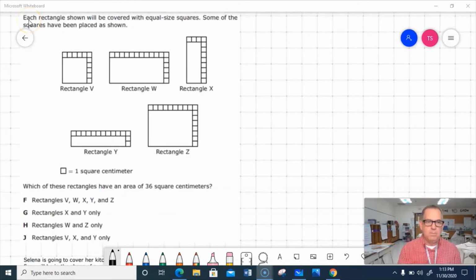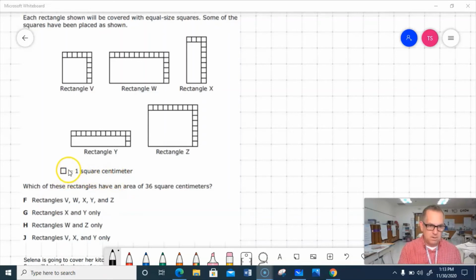Okay, got a guided practice problem we're going to work on here. So go ahead and follow along as I read. It says each rectangle shown will be covered with equal-sized squares. Some of these squares have been placed as shown. So you have rectangle V, rectangle W, rectangle X, rectangle Y, and rectangle Z. And you have a little key right here that says that each square is equal to 1 square centimeter.